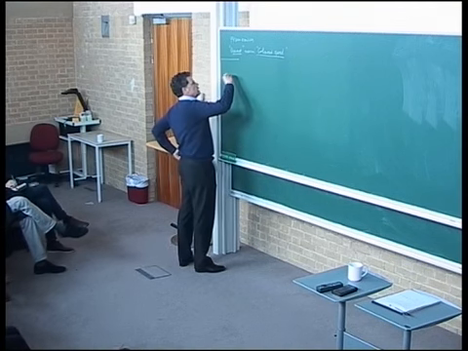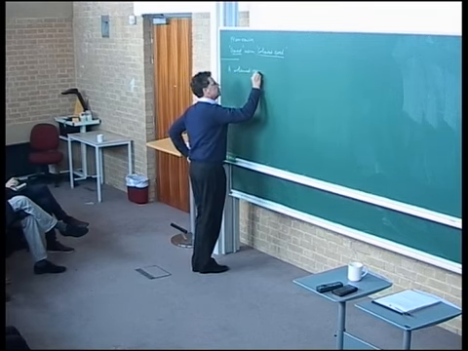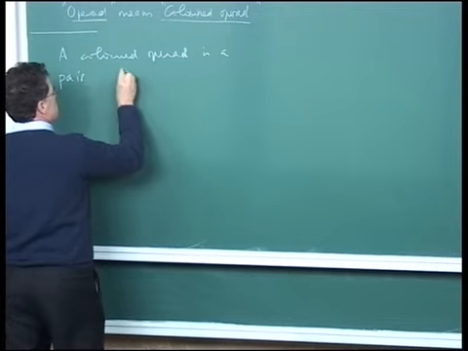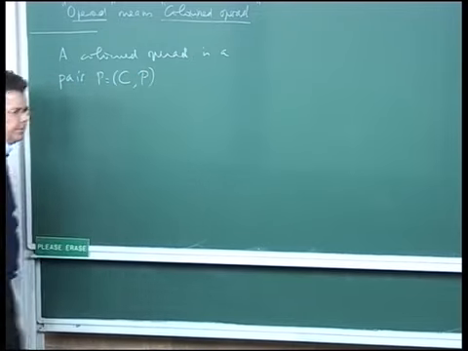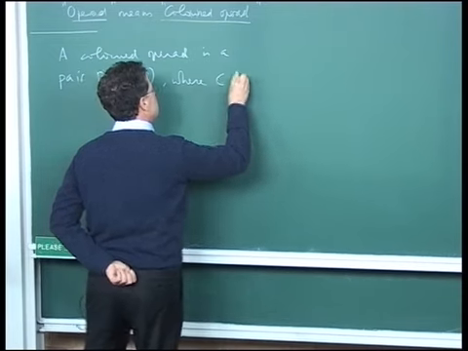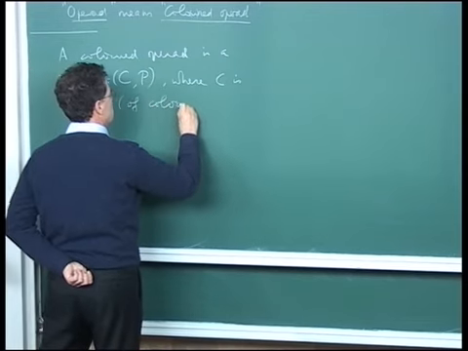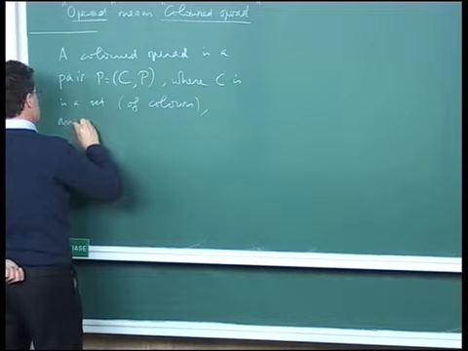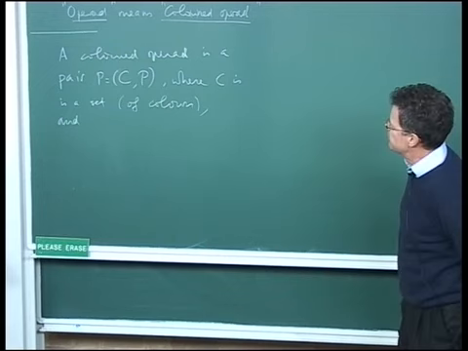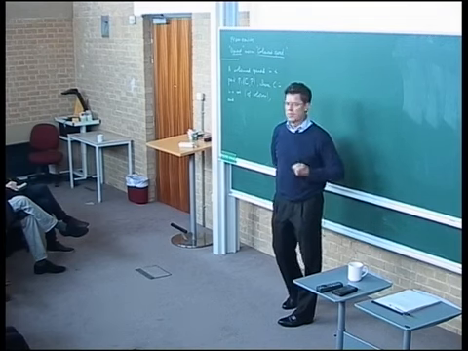So, a colored operad is a pair (C, P), but I will usually just write P, where C is a set of colors, and instead of the sequence of operations P(n), we now have operations which take n inputs of certain prescribed colors, and spit out an output of another color.